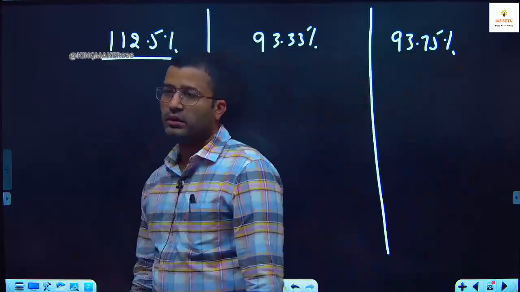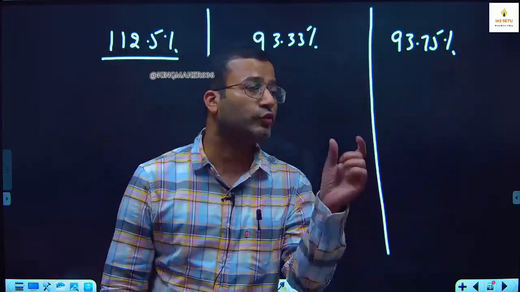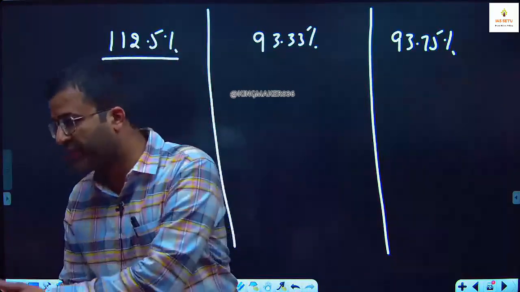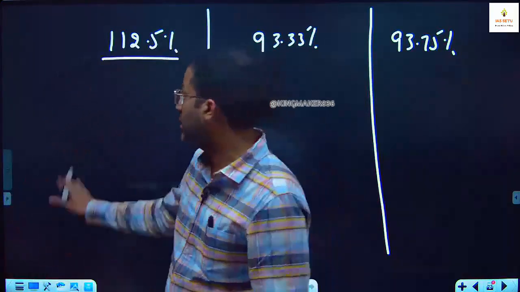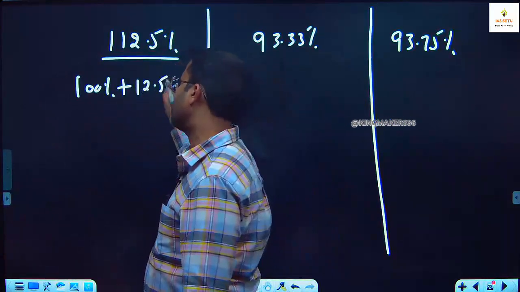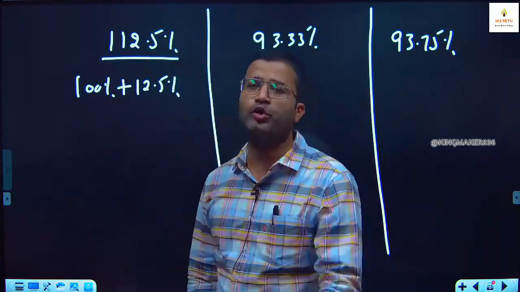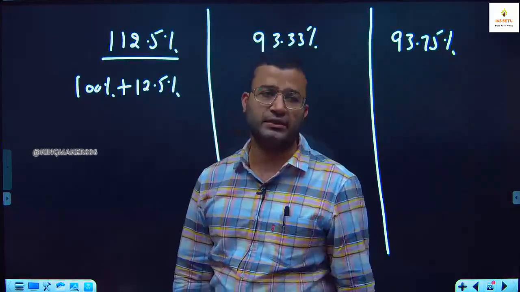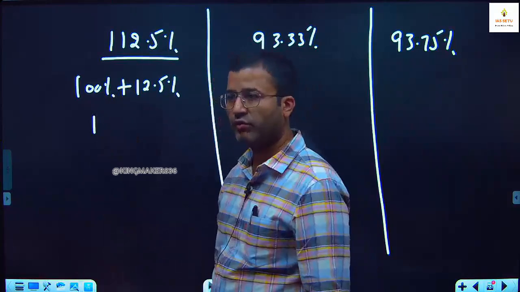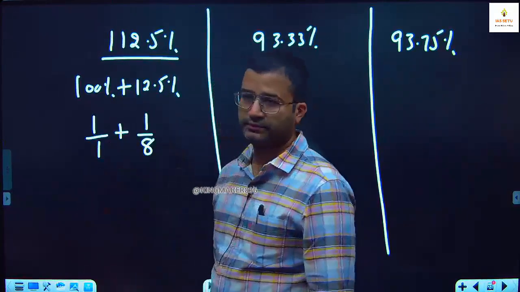Now here, if you get a value which is more than 100% or more than 200%, you have to break this value with respect to basic value. 100% plus something, 100% minus something. So first you write it as 100% plus 12.5%. अगर कोई value beyond 100% don't remember, we can manage it. इनको manage किया जा सकता है. 100% means 1 or 1 by 1. 12.5% is 1 by 8.